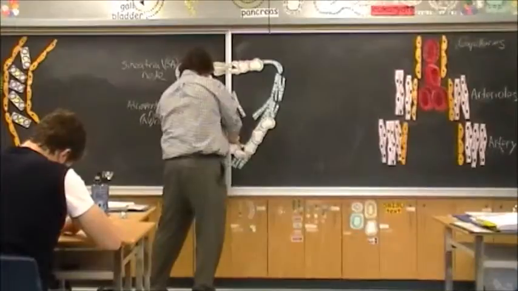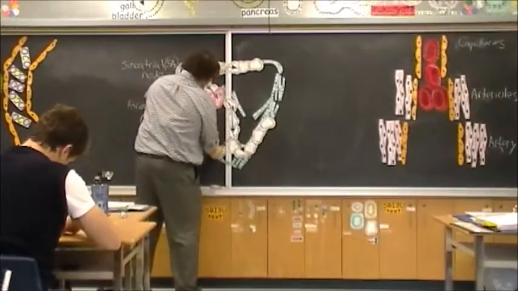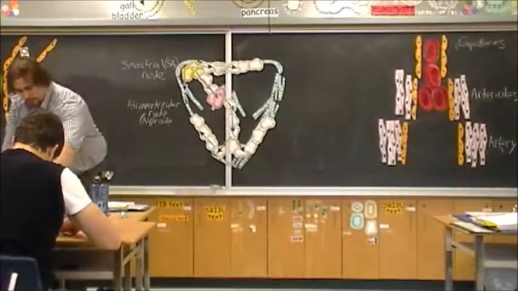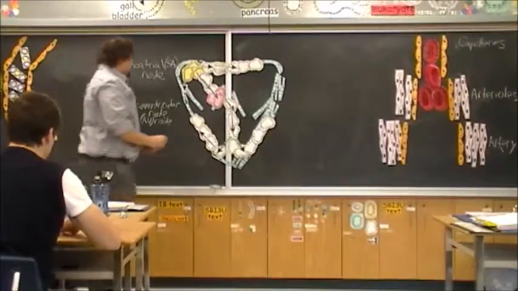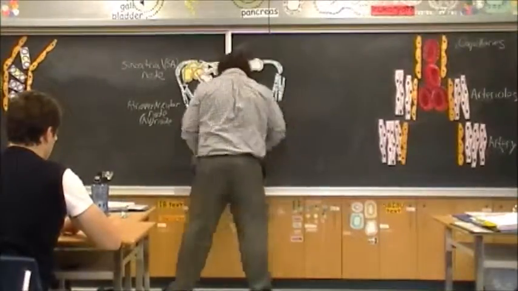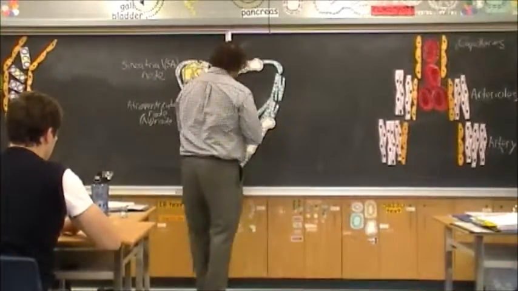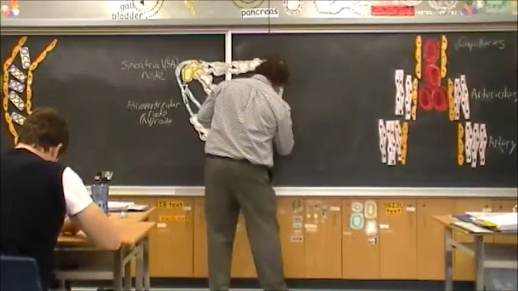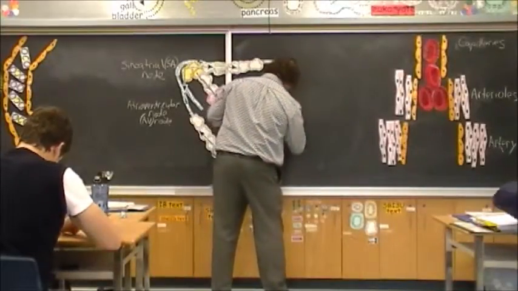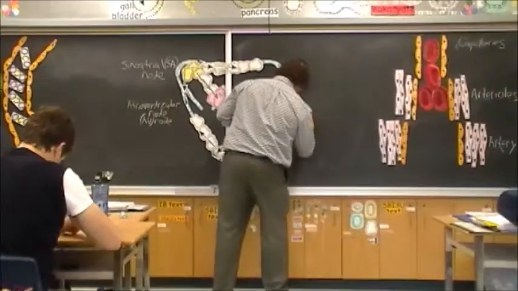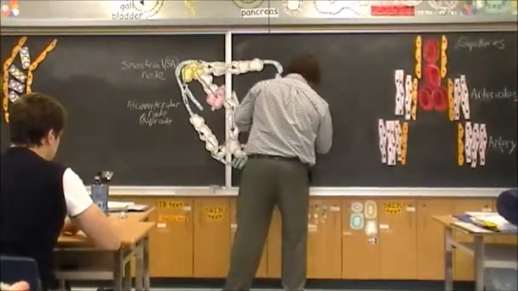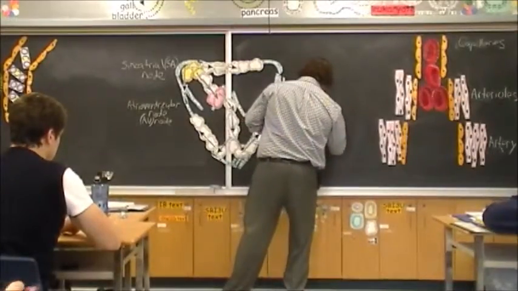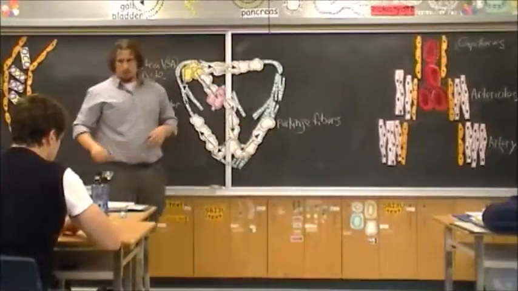These nerves have a special name. They're called Purkinje fibers. I'll write that on the board. Purkinje fibers.